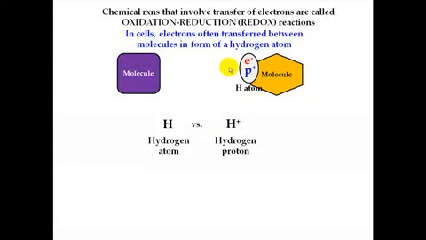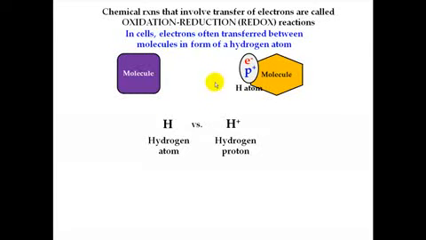All right, so again, oxidation reduction reactions are basically reactions that involve a transfer of electrons from one thing to another. We're talking about oxidation reduction reactions here because it's the movement of electrons that's actually responsible for making ATP inside of a cell. One more thing we'll mention about oxidation reduction is this.